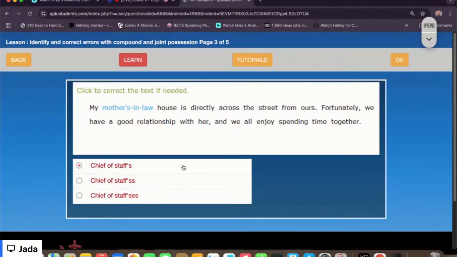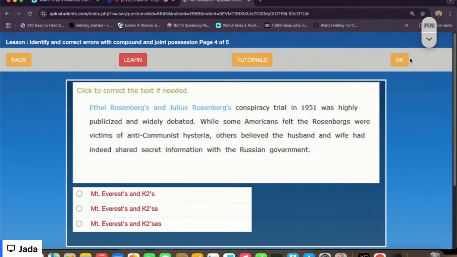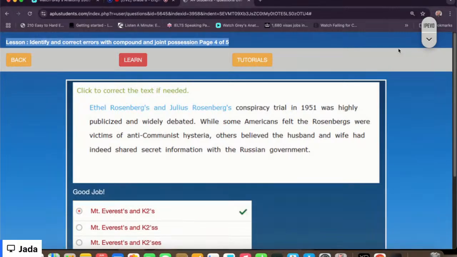Okay, so we have chiefs of staff. This was a different answer to a different question, just mixed up. This is also mixed up. So it's going to be the first one.